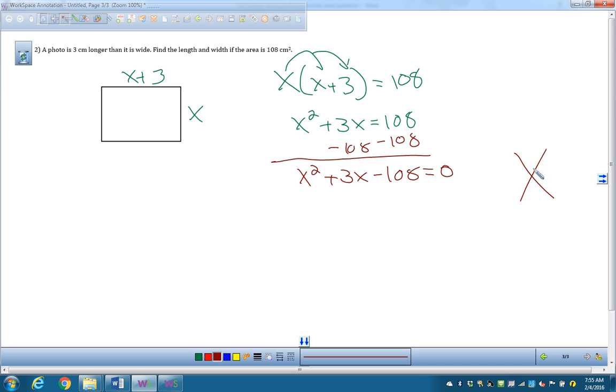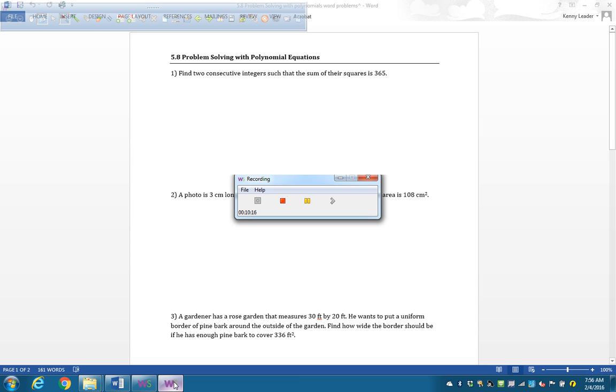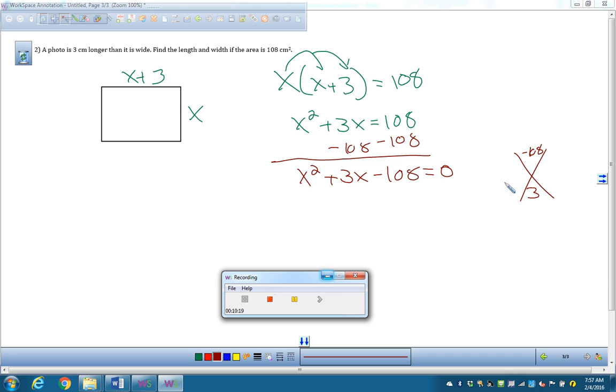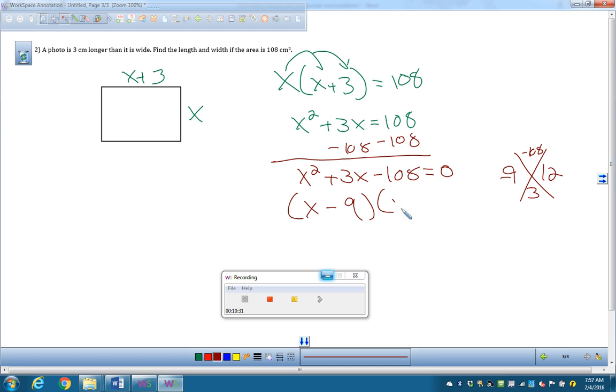Now I have to find two numbers that multiply to negative 108 and add to 3. You tell me what those numbers are. She's right: negative 9 and positive 12. So this factors to x minus 9 times x plus 12 equals 0.